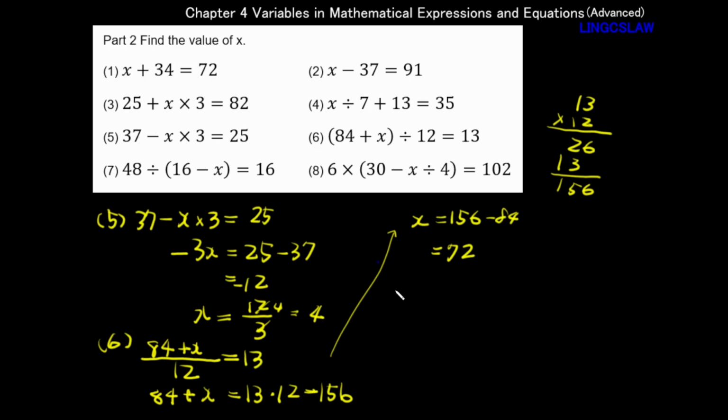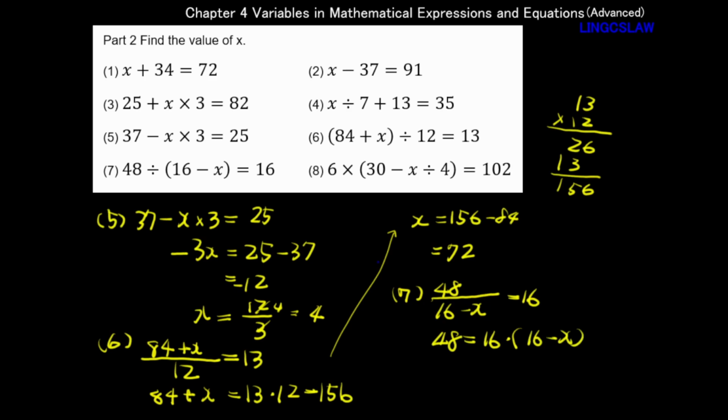And number 7. 48 divided by 16 minus x equals 16. And let's multiply both sides by 16 minus x. So 48 equals 16 times 16 minus x.